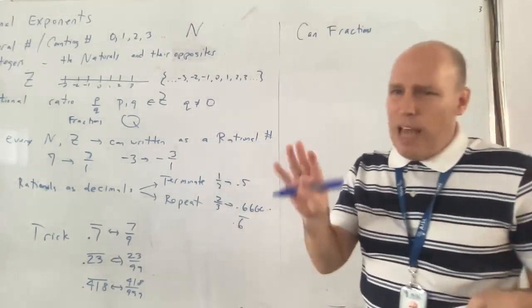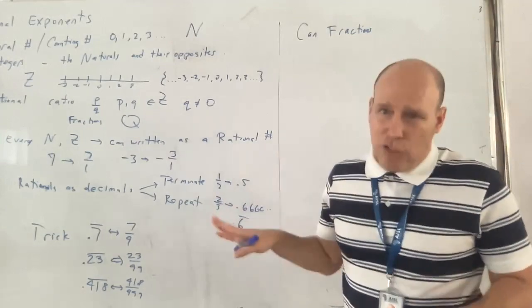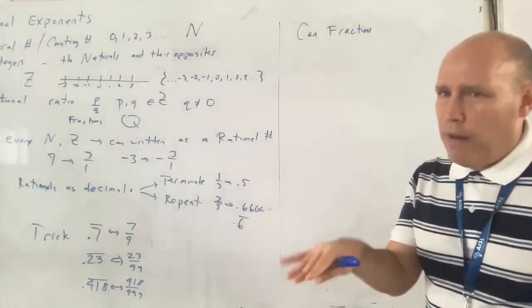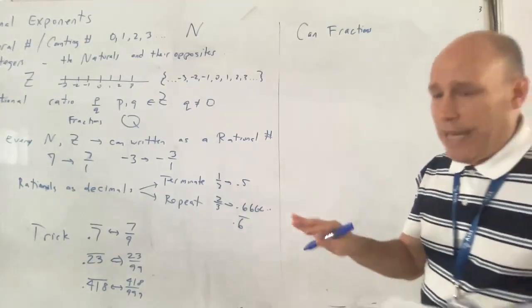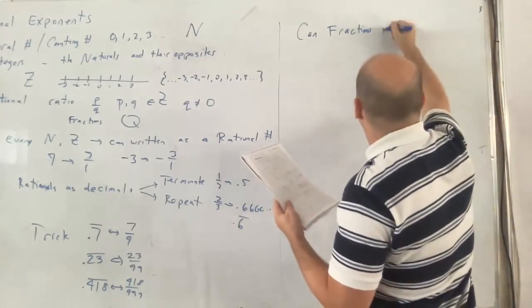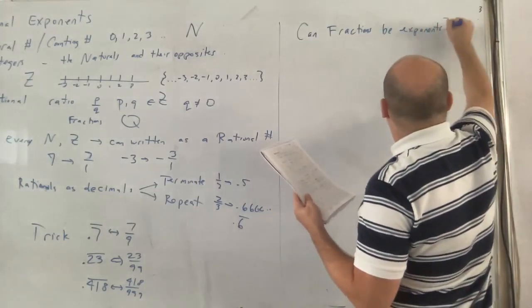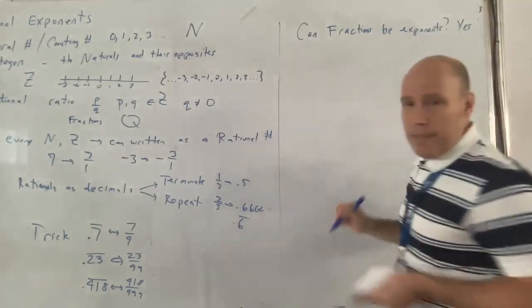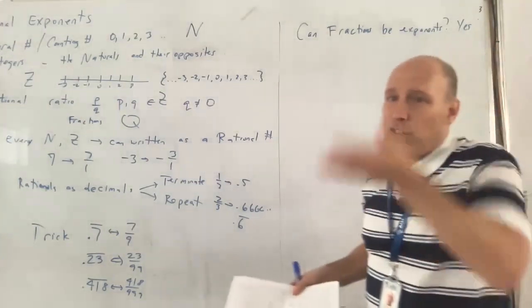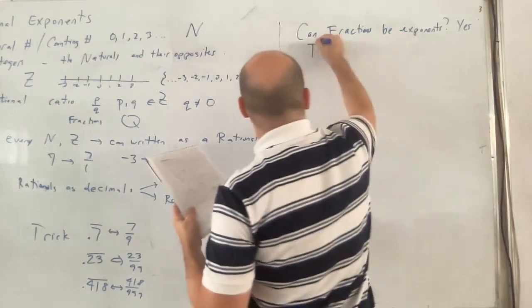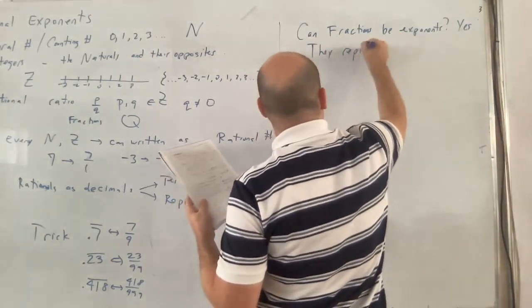As far as we know it, a fraction is a rational number and a rational number is a fraction. That's going to change a little bit, but I'm just going to use it interchangeably. Can fractions be exponents? The answer is yes. We can put fractions up in the exponents, and they represent roots.